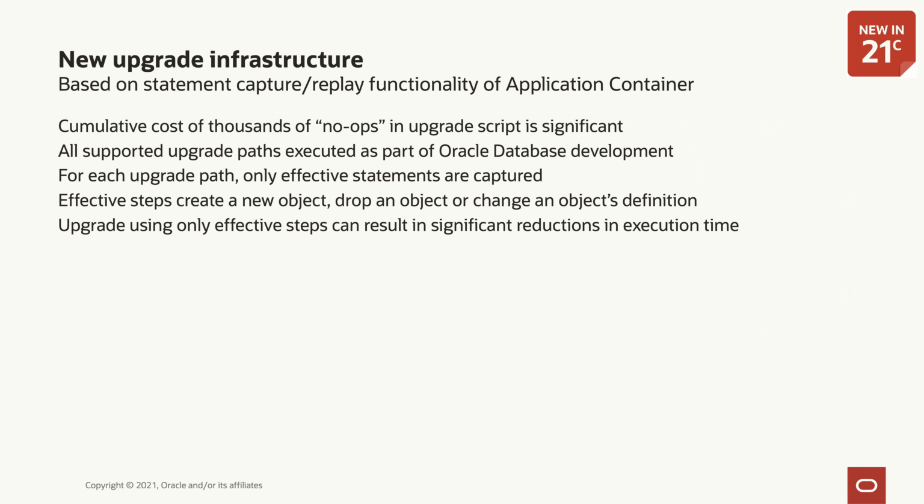As part of the database development, we run each supported upgrade path using the traditional upgrade scripts and capture in this repository all the effective steps in that upgrade path. The various no-ops are not captured. The result is a separate upgrade procedure captured in the repository for each supported upgrade path, all generated from the same familiar, resilient upgrade script that already works so very effectively.